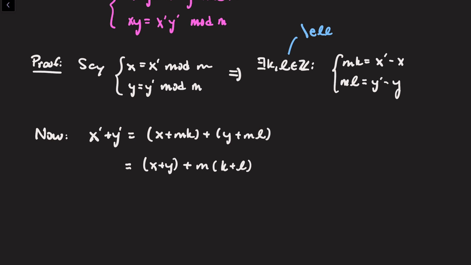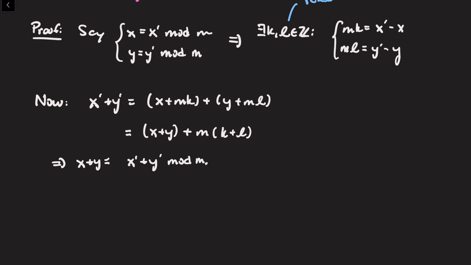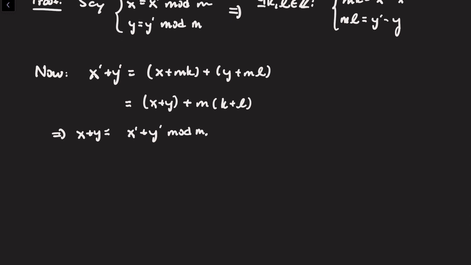And what this actually shows is that x plus y equals x prime plus y prime mod m. You can do a similar trick for multiplication. It's not too hard. It's a little more computational, but I'm sure you can manage.